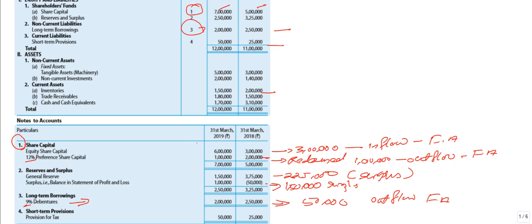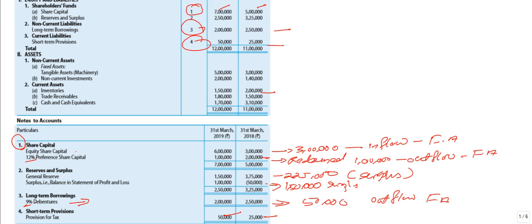If any additional information is there, accordingly we have to do. So the short term provision here is the provision for tax. That's why I explained that one. We can treat 25,000 as tax paid, and the provision for tax if any additional information is not available.